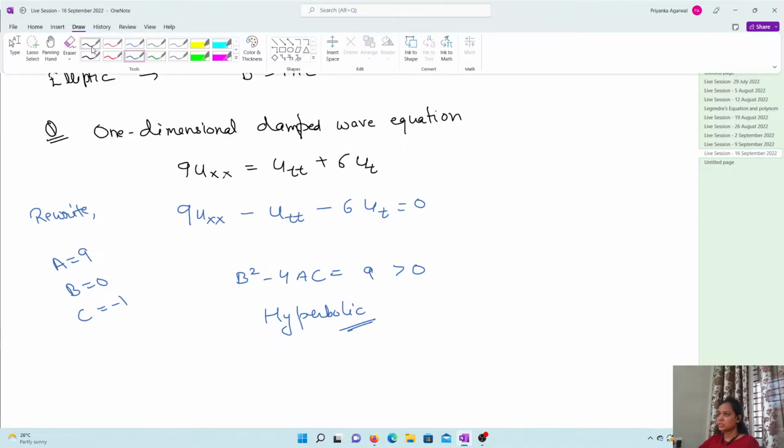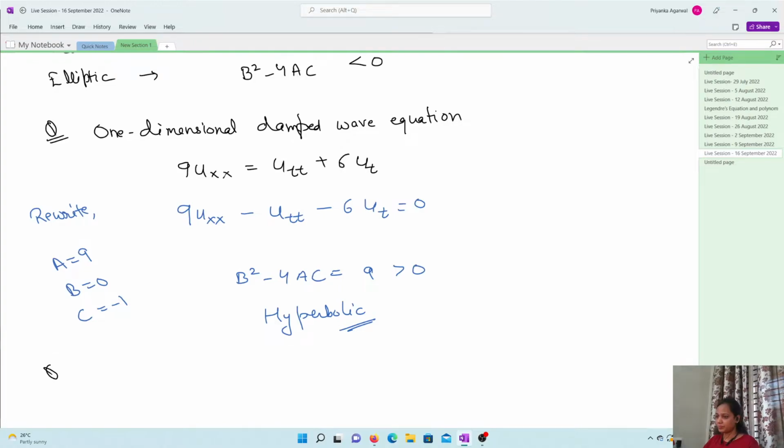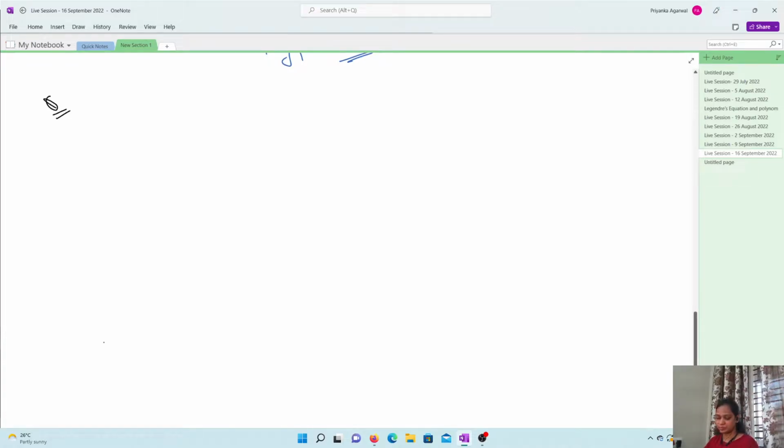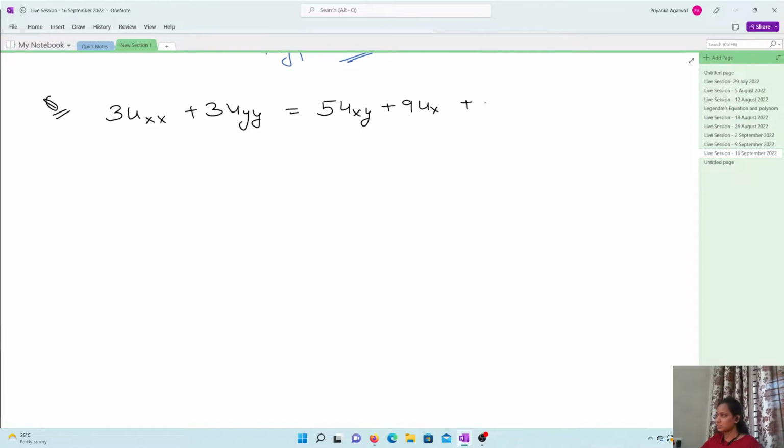Now, let's look at another example where we have to classify this particular equation: 3uxx plus 3uyy equals to 5uxy plus 9ux plus 17u.